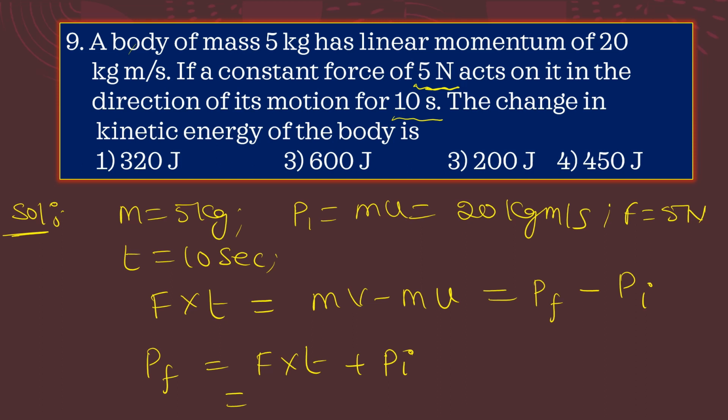Substituting F as 5 newtons and T as 10 seconds, plus the initial momentum 20, we get 50 plus 20, that is equal to 70 kg m/s. So this is the final momentum Pf, which is 70 kg m/s.